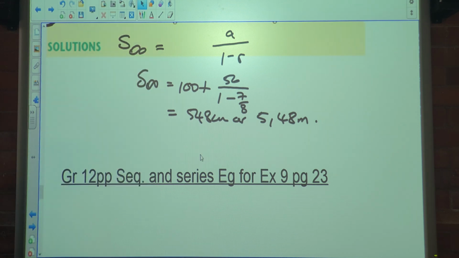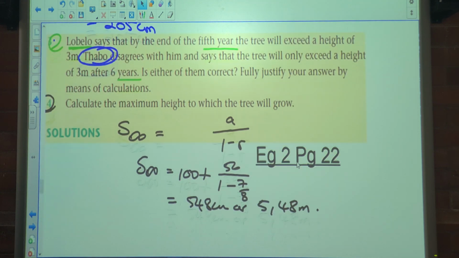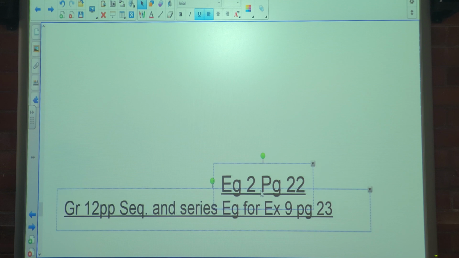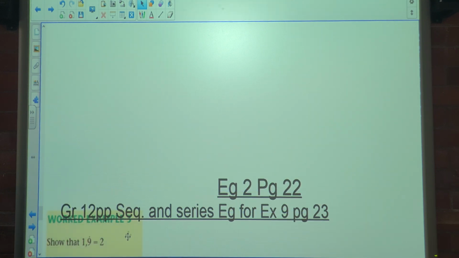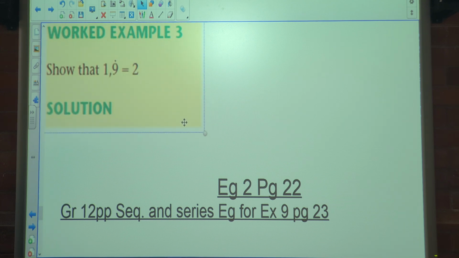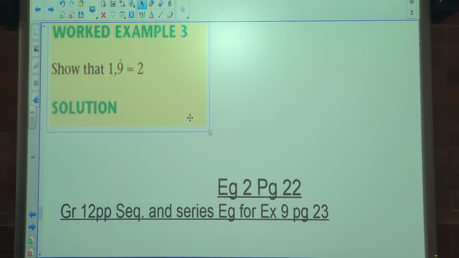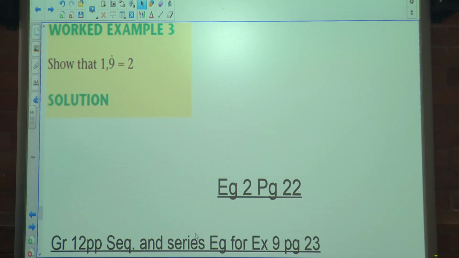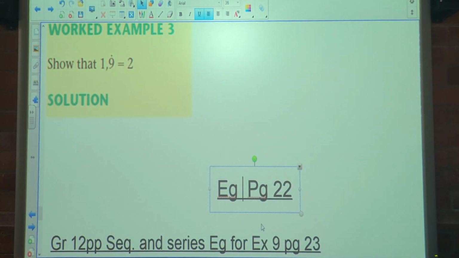Let's do the third example. Example 3 is on page 222. It says show that 1,9 recurring is equal to 2. So this is in other words like an identity to us, not so. Like an identity, so you must work left hand side, right hand side.